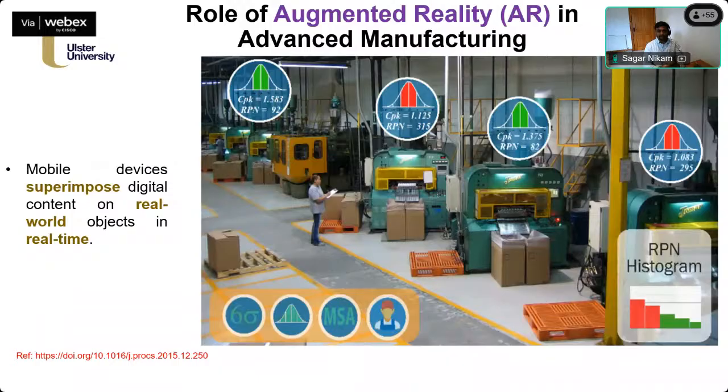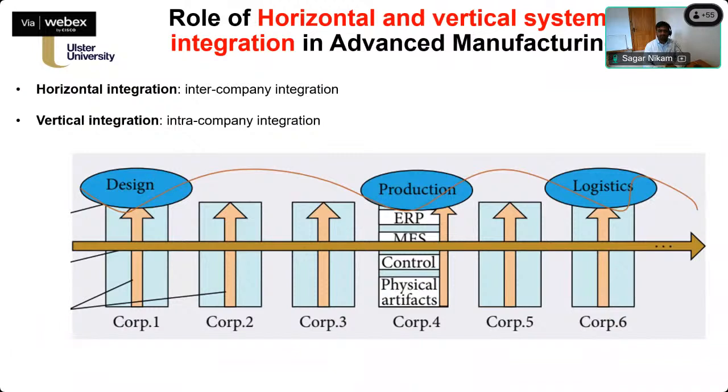Based on the score, I can decide this particular machine has to go under maintenance, or this machine still has more lifespan and can go for much more product. So through augmented reality, we can superimpose our digital content on the physical world or physical assets, I would say, and help to understand its productivity.